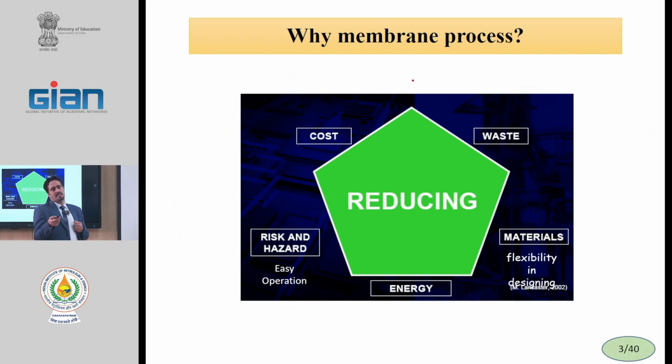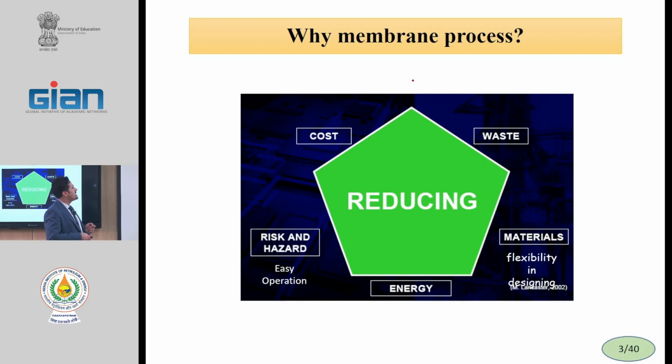For applying pressure, we use a pump, and the pump uses energy. But the energy used in pumping is very, very low compared to boiling. And therefore, reverse osmosis has now substituted thermal processes. The most common application of RO membranes is desalination.